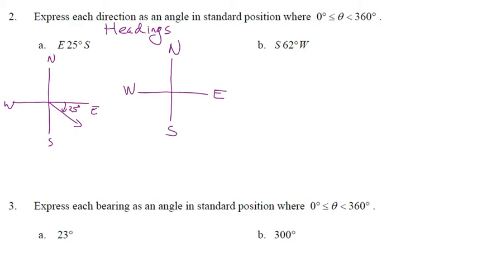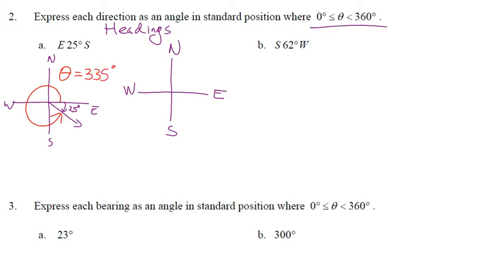Express each direction as an angle in standard position. Now notice we put a restriction on here. We want it to be positive, between 0 and 360, which means as an angle in standard position, I'm going to start here and rotate counterclockwise. And what is this rotation angle? 335, yeah.